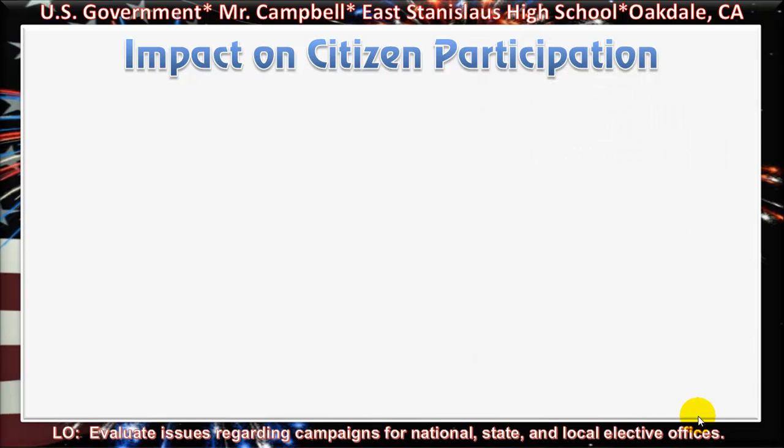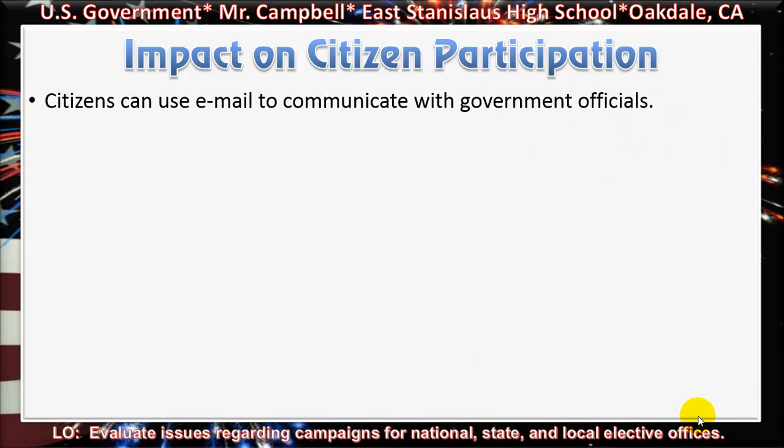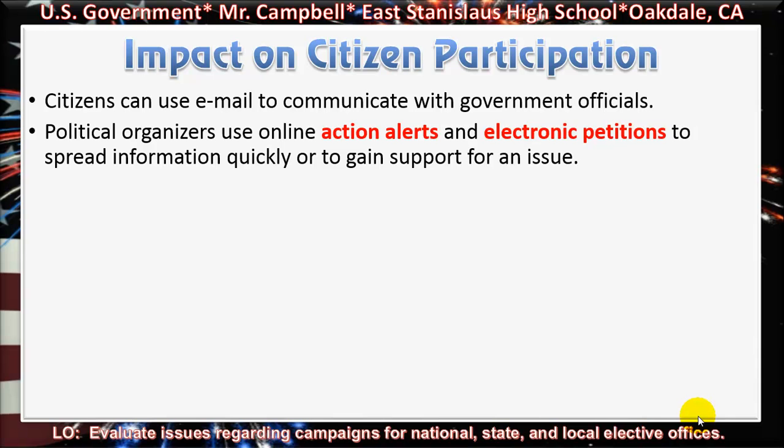The impact on citizen participation. Citizens can use email to communicate with government officials. Political organizers use online action alerts and electronic petitions to spread information quickly to gain support for an issue.